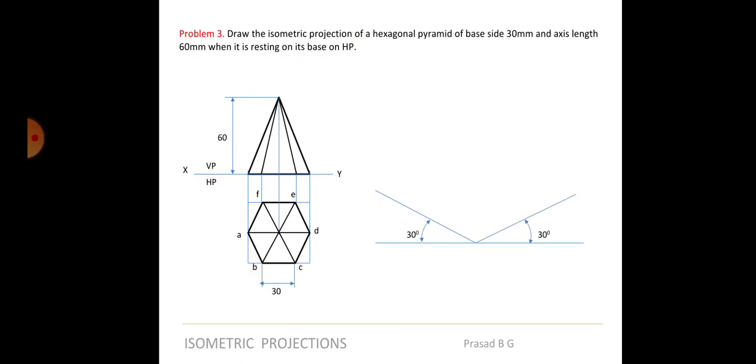I cannot take that 10 directly and keep it there. Why? Because it is not in ISO, it's in the actual scale. So I will have to convert it into ISO 10 and then place it over in the grid sheet. That becomes too difficult according to me, because every time you take a distance, you have to convert it into ISO and then place it.